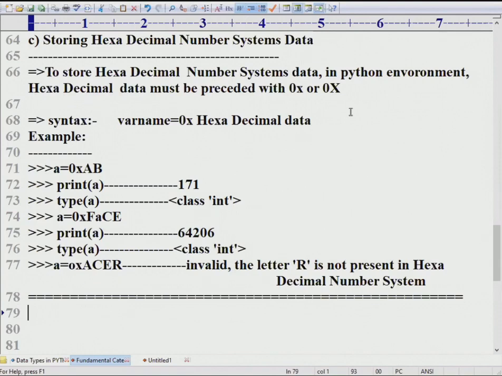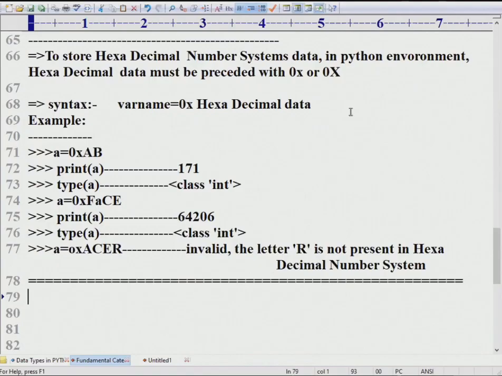Now the most important thing. The next data type is float. Before going to that, I want to cover a small topic called base conversion functions. What are those? What we converted so far was hexa into int, octal into int, binary into int.